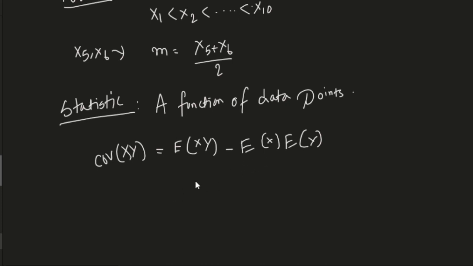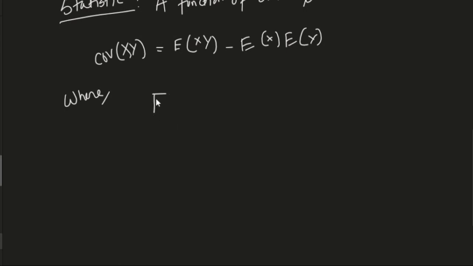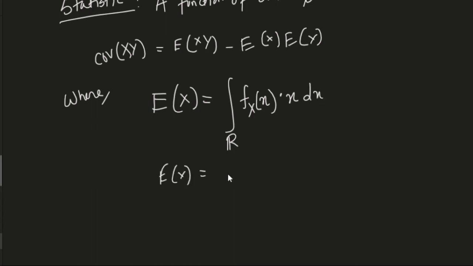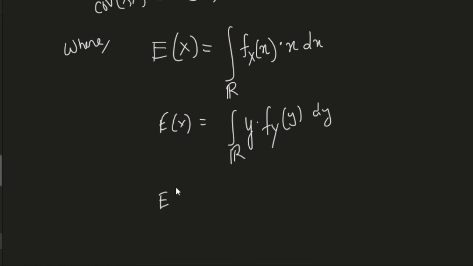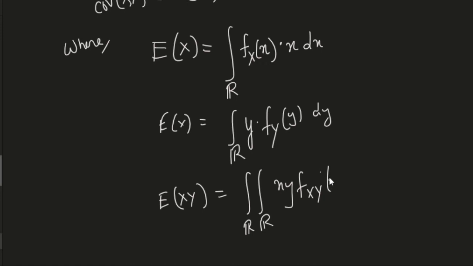so covariance of x comma y would be E of XY minus E of X into E of Y, right? Where E of Y is defined as the integral over all R of y into f of y dy, and E of XY, on the other hand, is basically a double integral, where f_XY(x, y) is the joint distribution of x and y.